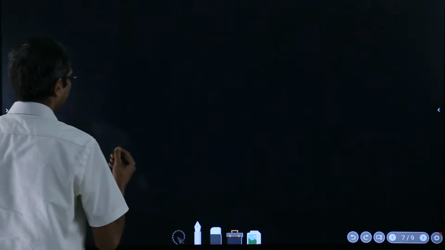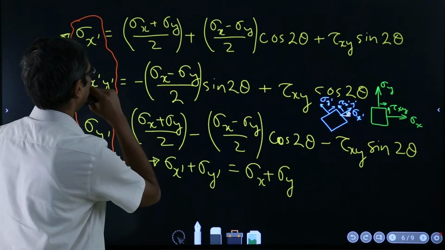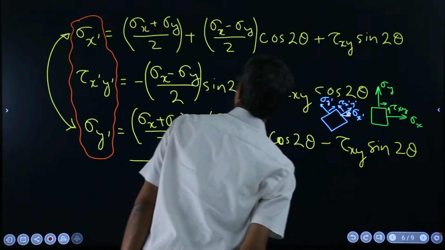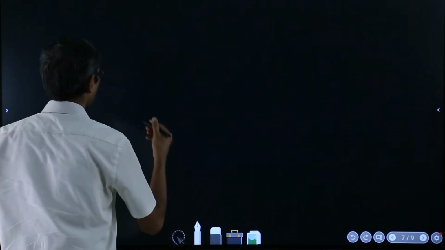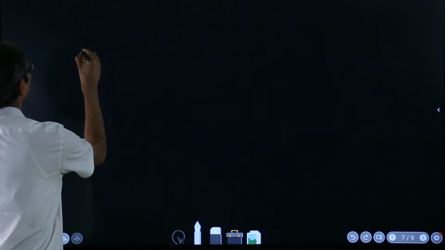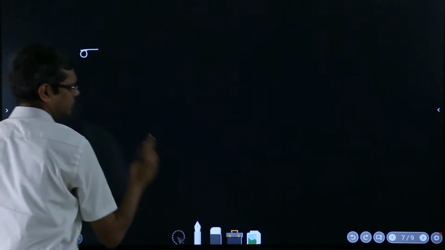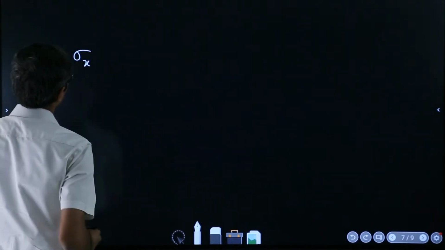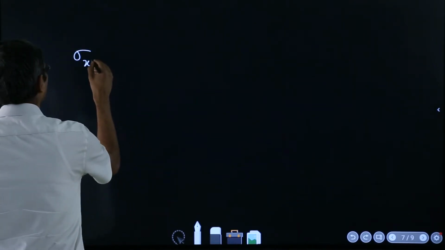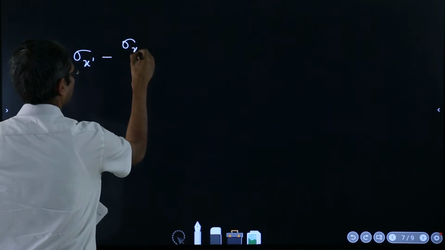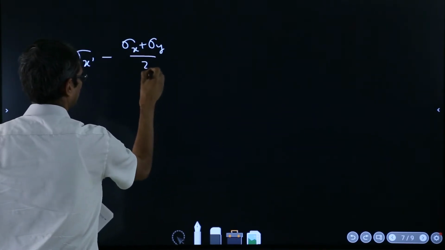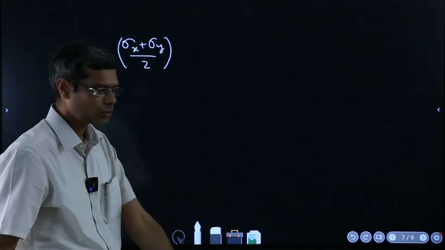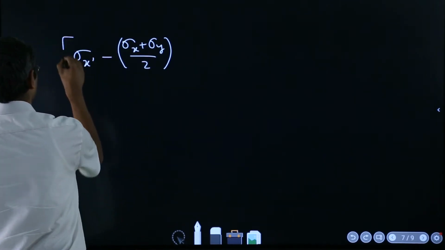So what does that mean? Let us see. If you evaluate sigma x prime minus sigma x plus sigma y over 2, its square, plus tau x prime y prime squared, after the process of elimination of that parameter 2 theta, I am just writing the final expression.